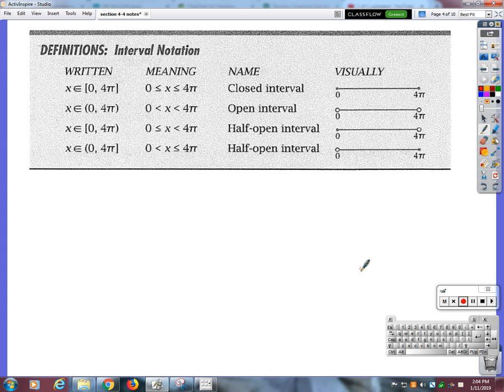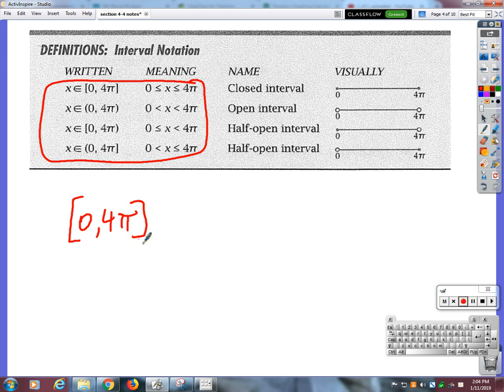Okay, what you could write down is this part right here, okay? So the difference is here, I'll write them out a little bit bigger to emphasize. 0 to 4 pi with square brackets means 0 is less than or equal to x and x is less than or equal to 4 pi, okay?